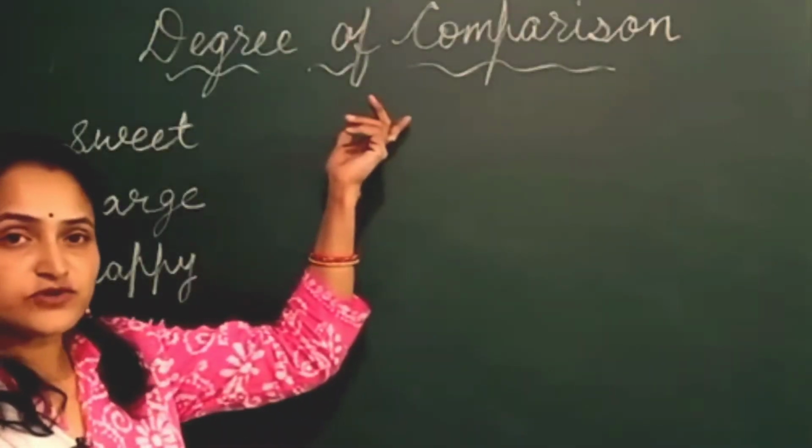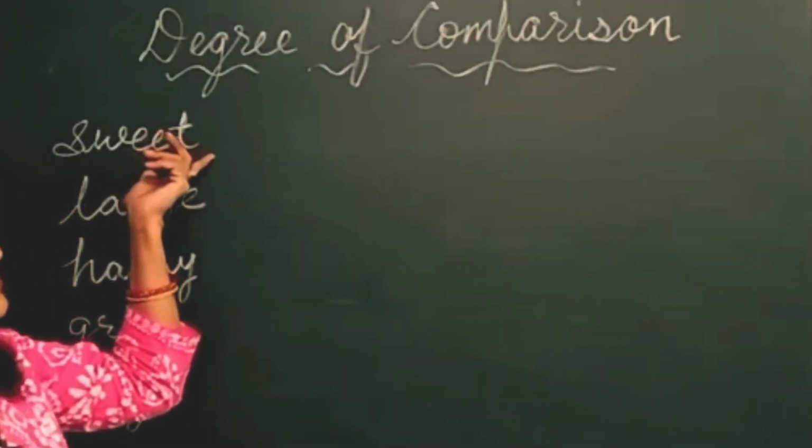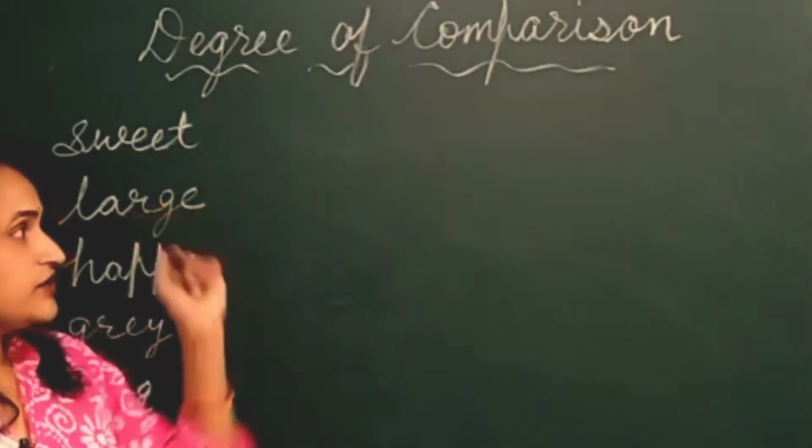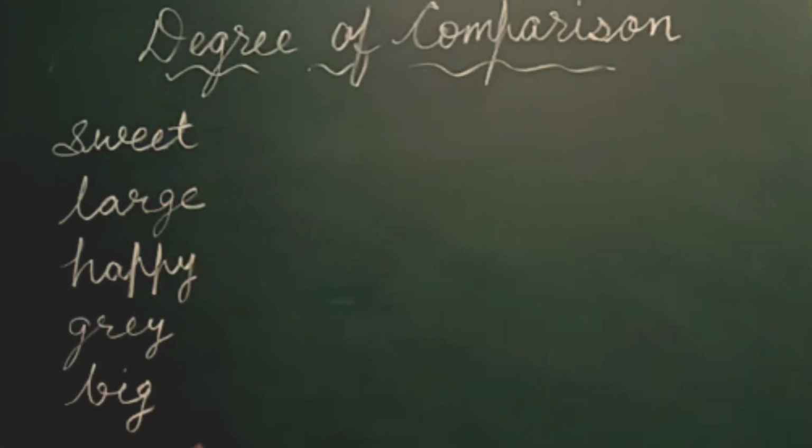Okay, now to understand how an adjective changes its form and changes into comparative and superlative degree, we have to see some examples.